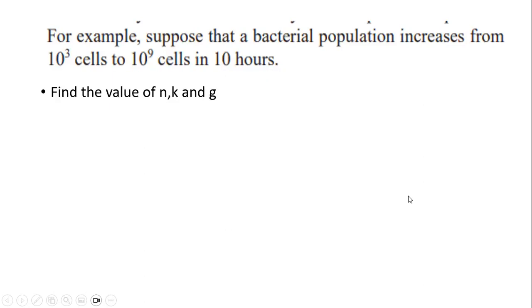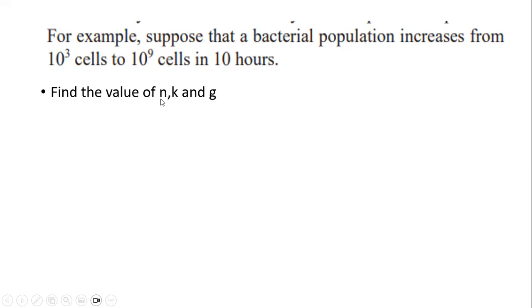So there is one example of a problem. We'll try to solve this. The question says that if a bacterial population increases from 10 to the power 3 cells to 10 to the power 9 cells in 10 hours, then find the value of n, k, and g. Okay.